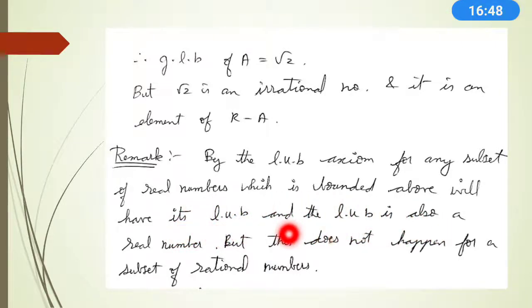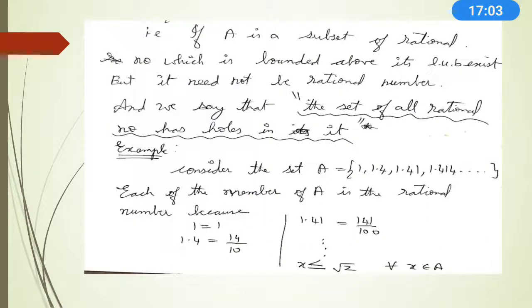Sometimes the least upper bound and greatest lower bound may not be rational numbers. If A is a subset of rational numbers which is bounded above, its least upper bound exists, but it need not be a rational number. We have seen in the previous example that the least upper bound and greatest lower bound of the set are not rational, they are irrational, isn't it?